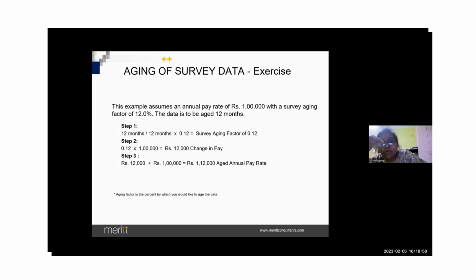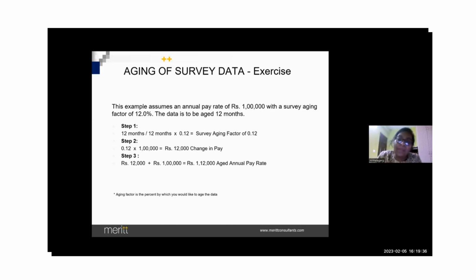You take 12 months divided by 12 months, multiplied by the aging factor, which gives you the survey aging factor of 0.12. That survey aging factor has to be multiplied by the salary data, about 100,000. So the amount which changes is 12,000 rupees. You add that 12,000 rupees to the salary data of that position, which becomes 112,000.